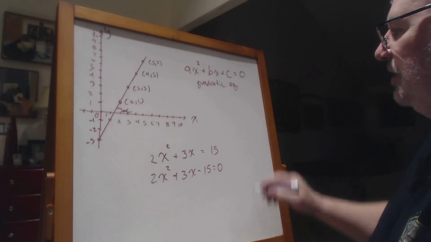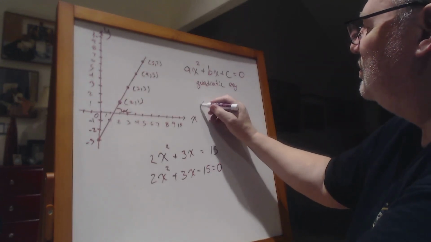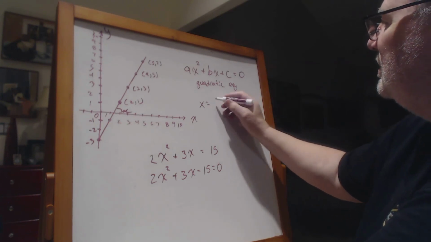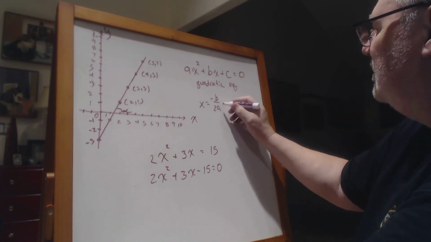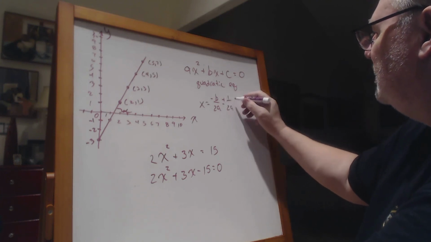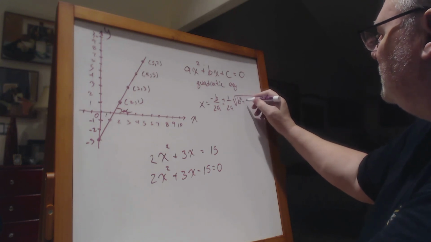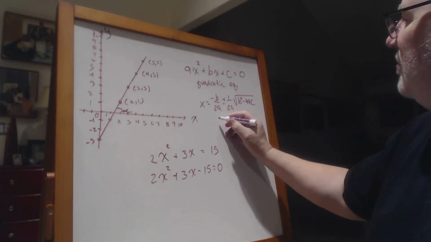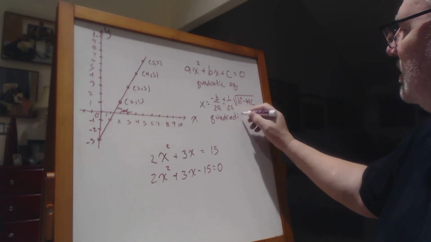Basically the formula works out where we have x equals, like I said, there's always two solutions, minus b over 2a plus or minus 1 over 2a times the square root of b squared minus 4ac. That's the quadratic formula.